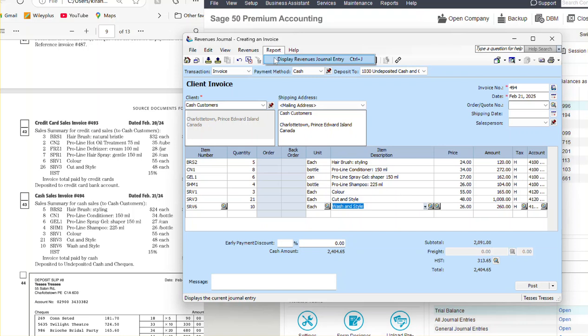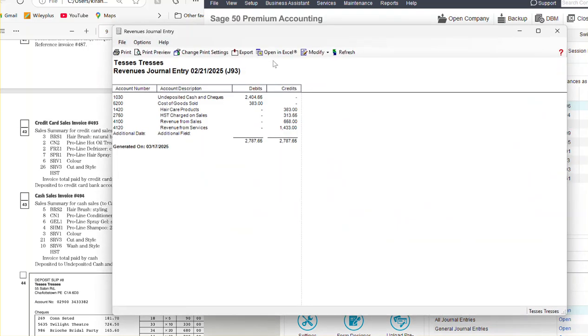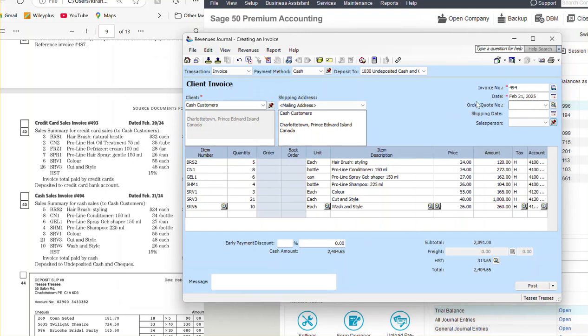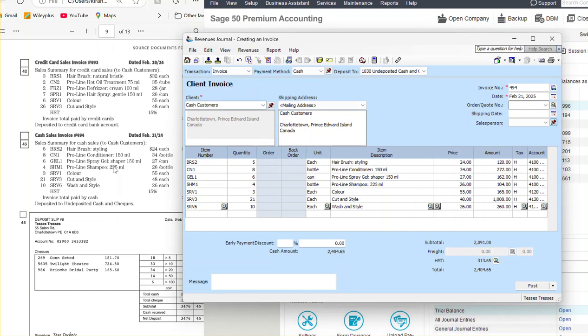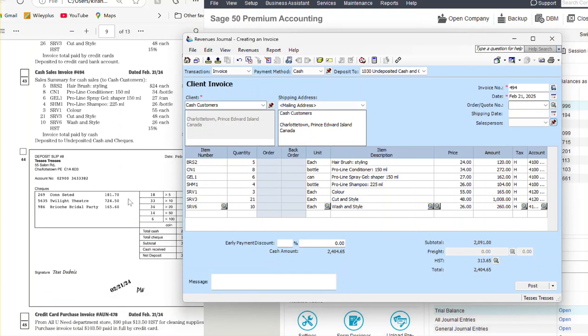So I will see if the number seems right or not. Seems okay. All right, so we're going to close this, and the date is correct. Now deposit slip is going to be an issue for us. I'm going to post it.